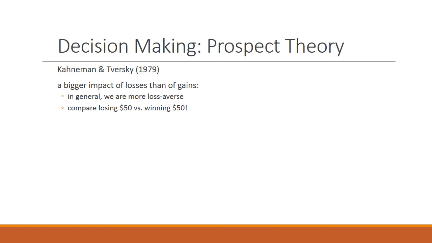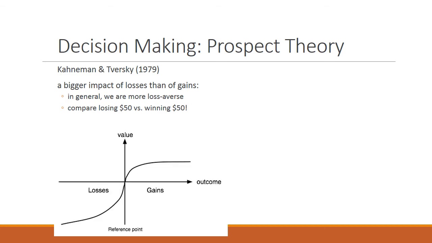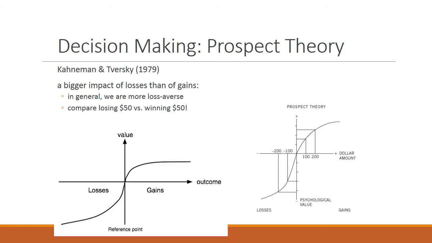People are more likely to try and win that $50 and have that be a sure thing. But when it comes to losing $0 or $100, they're more willing to take the chance there. So what you can see is prospect theory modeled on these graphs below.